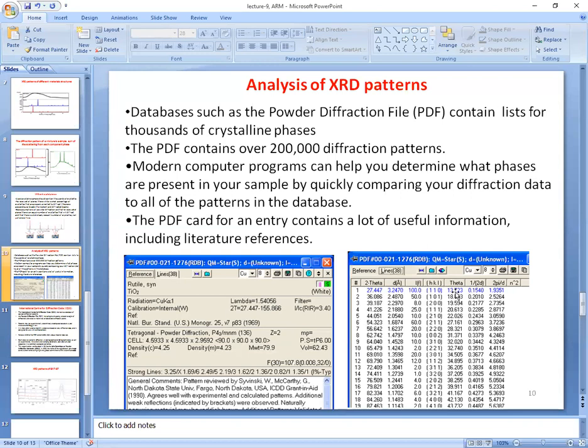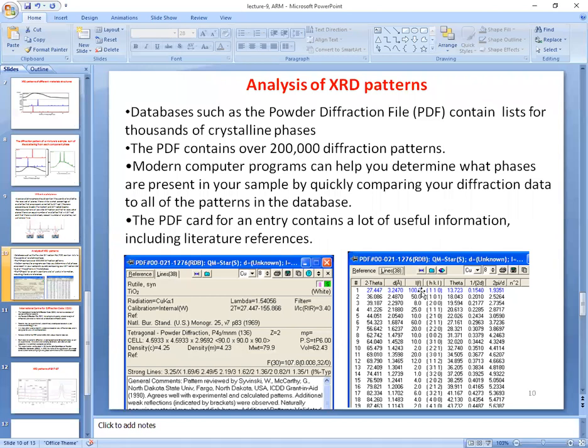So if you multiply theta by 2, it will give you 2 theta, and this is 1 over 2d, and many more. So we just plot 2 theta versus intensity. We take only these columns, and from there we compare it with the standard data.